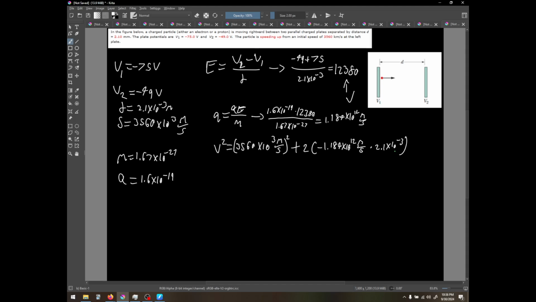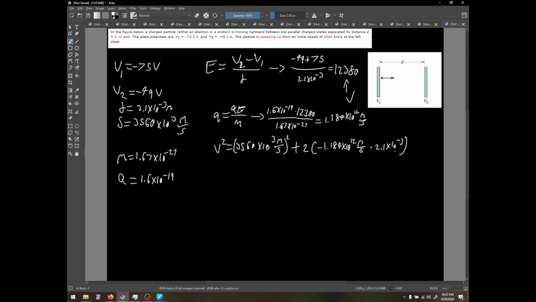We're getting 3560 times 10 to the third squared plus 2 times negative 1.18 e to the 12th meters per second times 2.1 times 10 to the negative third.